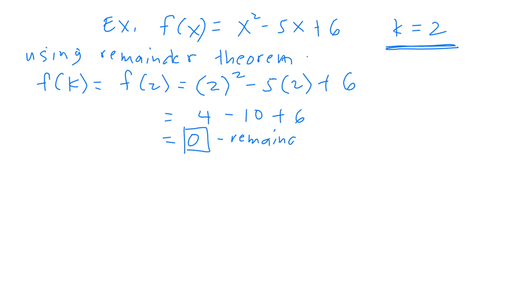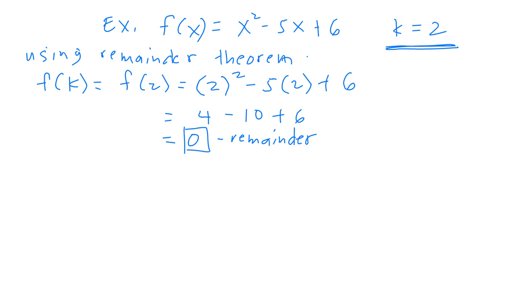And the word 0 means that k is one of the factors for x squared minus 5x plus 6, which is our f of x, or k is the root of the equation or expression x squared minus 5x plus 6.